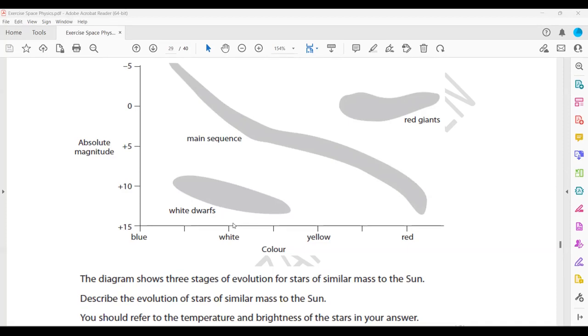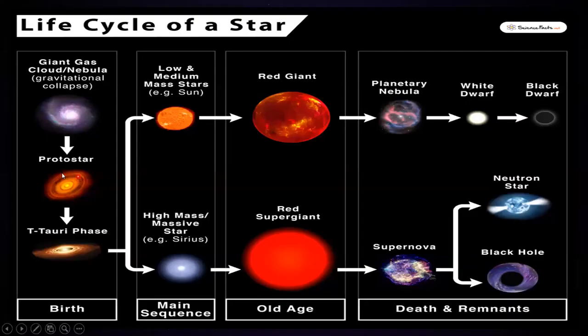You can see here, this is a star cycle. First we have a protostar. Then a sun-like star will be a main sequence star, and it will remain in the main sequence for a longer period of time. Then it turns into a red giant, and due to a planetary nebula, we are left with a white dwarf.